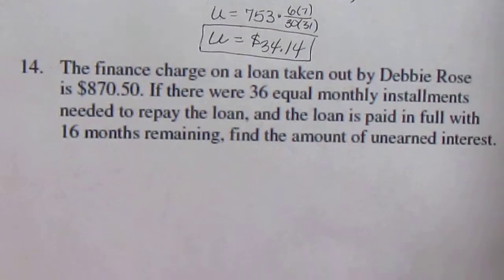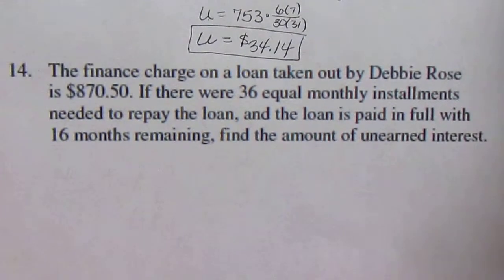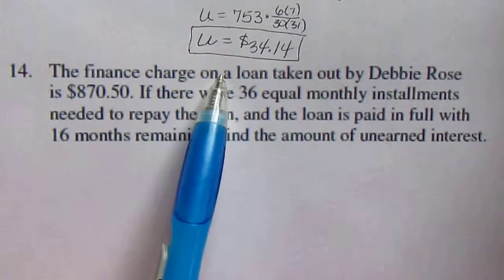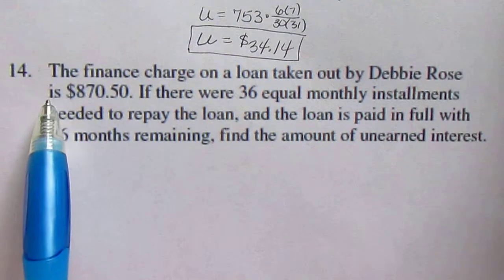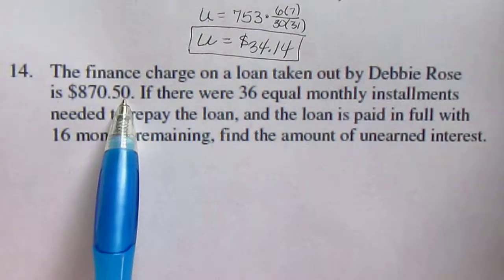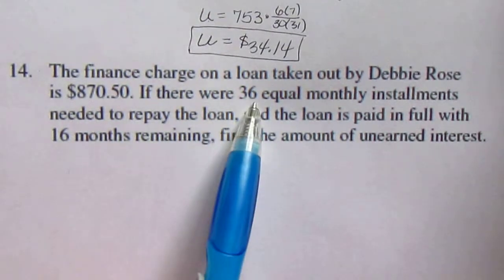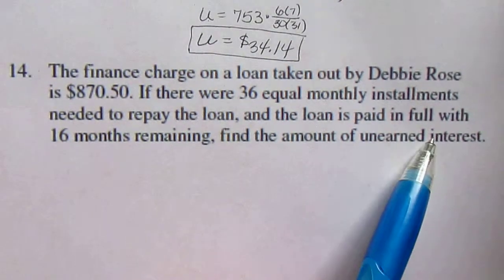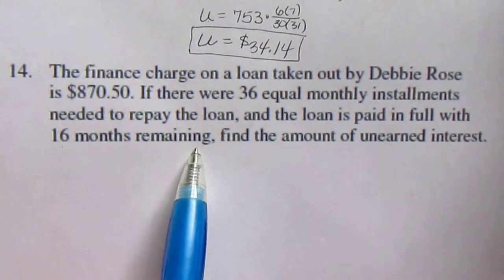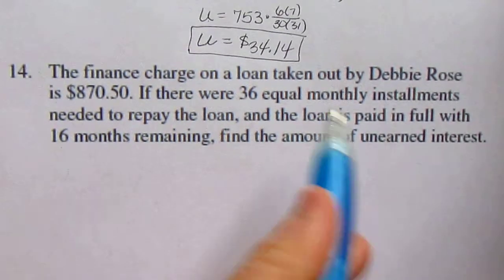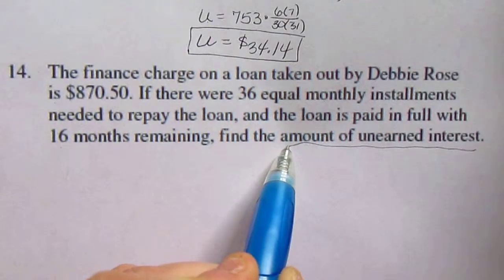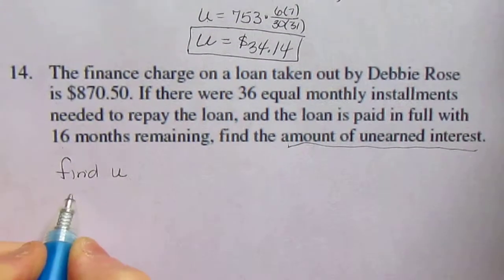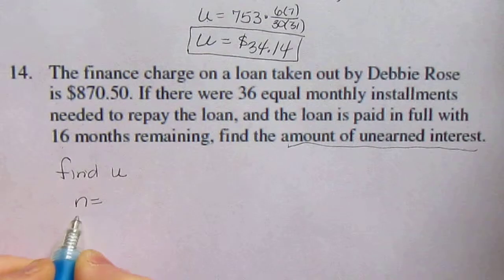Okay, so let's do number 14. Same idea. We just got to identify all the variables. A finance charge on a loan taken out by Debbie Rose is $870.50. If there were 36 equal monthly installments needed to repay the loan, and the loan is paid off in full with 16 months remaining, find the amount of unearned interest. So we are looking for unearned interest again. We again need to find U. N is the total number of payments.